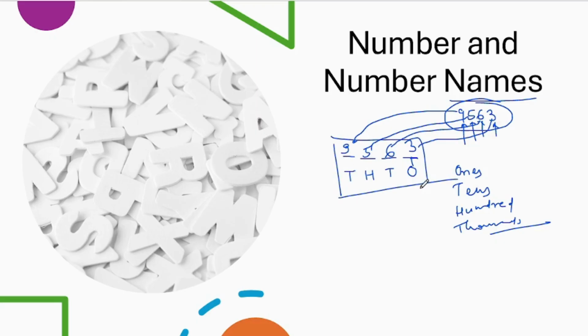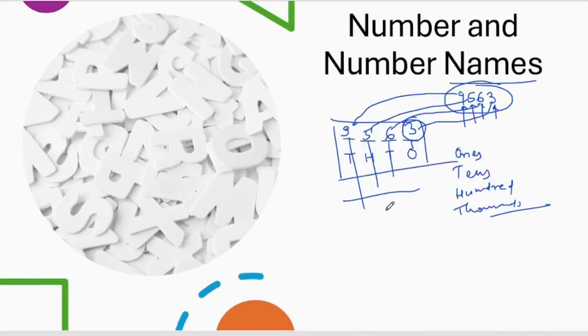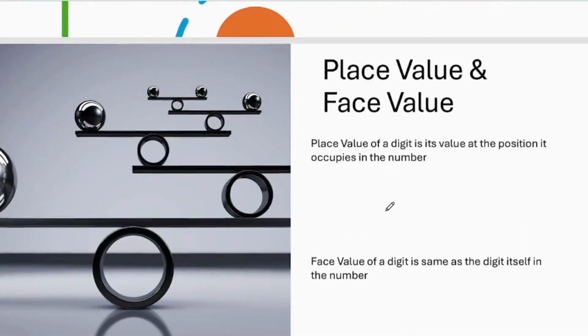So this is the number names. The number name of 3 in the given number is ones, 6 is tens, 5 is hundreds, and 9 is thousands. How questions are formed with this concept, we will see in a few minutes.